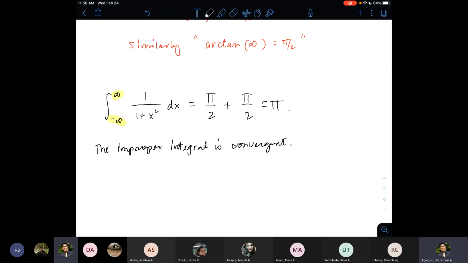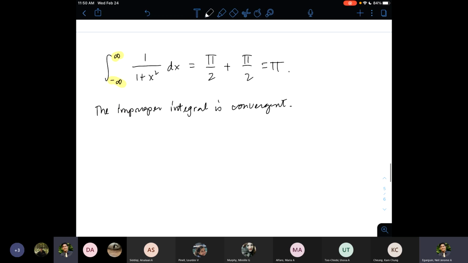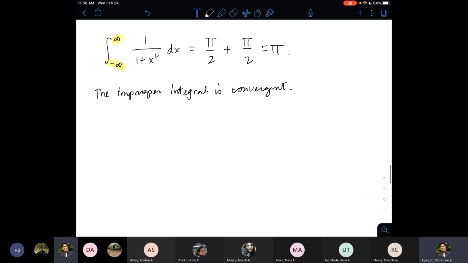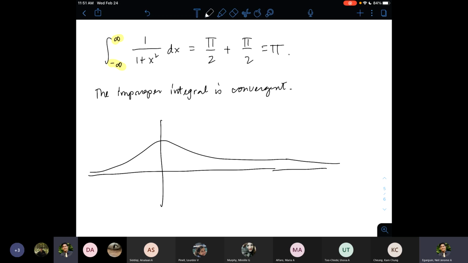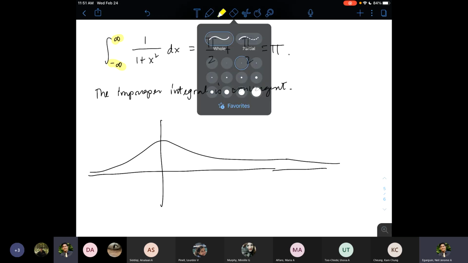Okay. And actually, this is a very surprising thing, because you're integrating from negative infinity to infinity, so you have an infinite interval, and it looks like the area under the curve 1 over 1 plus x squared is just equal to pi. I forgot what the graph of 1 over 1 plus x squared looks like, but imagine you have something like this that goes into infinity, right?